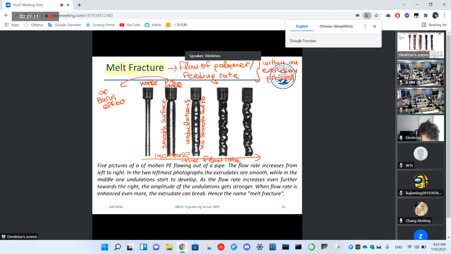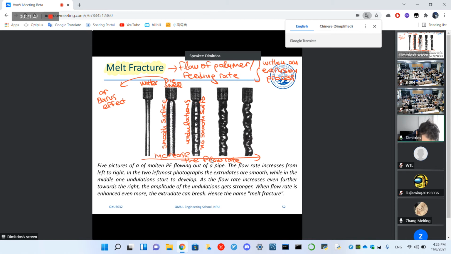And of course, if we increase even further the flow rate, we develop more pressure throughout the extruder, and by doing so, we create a number of irregularities on the surface of our material.